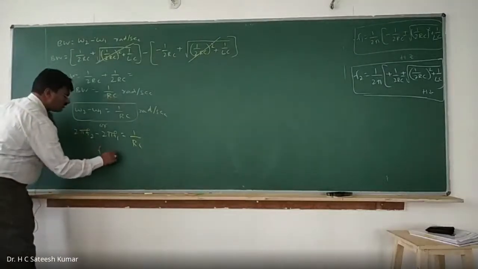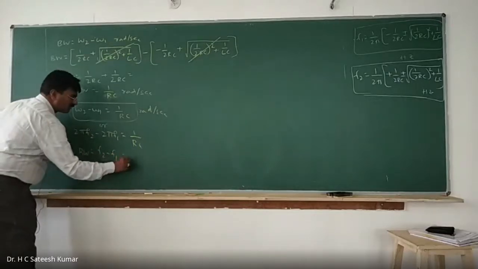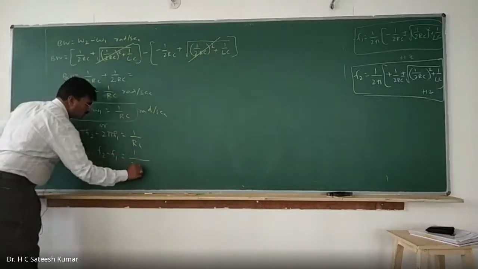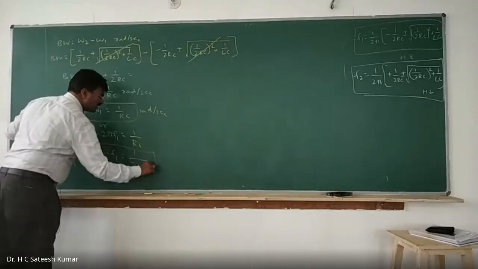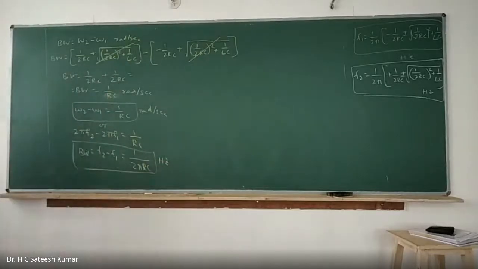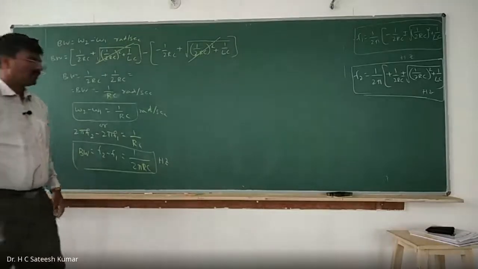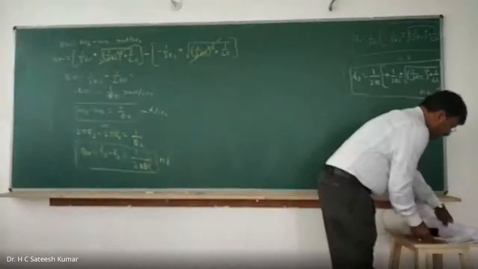Therefore, the bandwidth F2 minus F1, in terms of hertz, is equal to 1 over 2 pi RC hertz. So this is the bandwidth of the parallel resonant circuit.